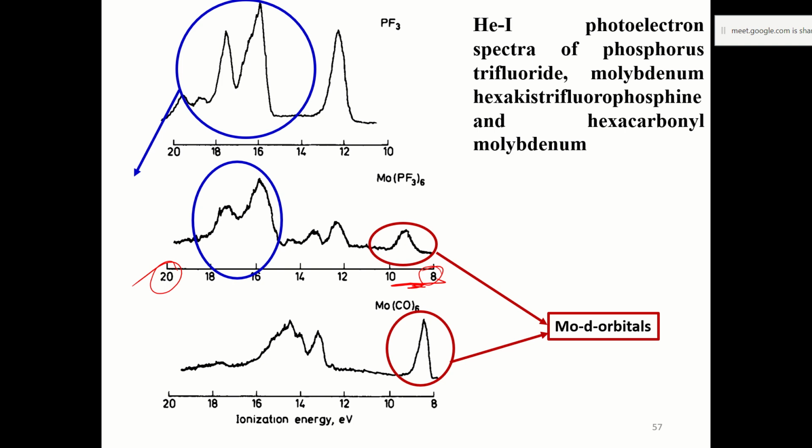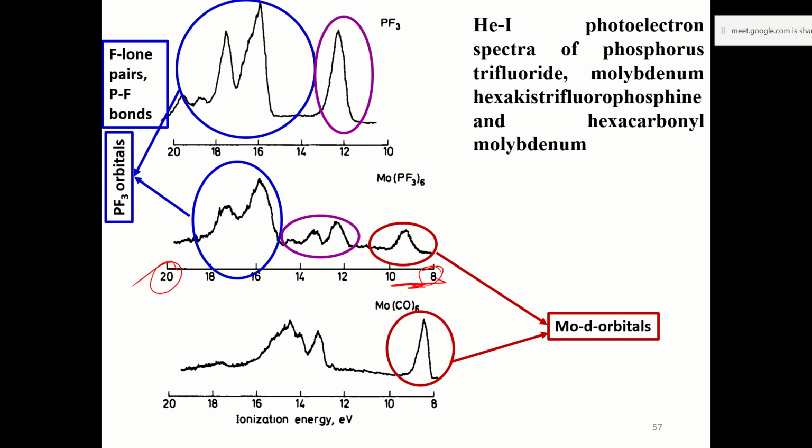One set belongs to the purely metal d orbitals, and then another set is for the PF bond, the blue one that we see, the fluorine lone pairs of the PF bond, and then the phosphorus lone pair which actually participates in sigma donation. In an octahedral situation, this gets split into T1U, EG, and A1G.